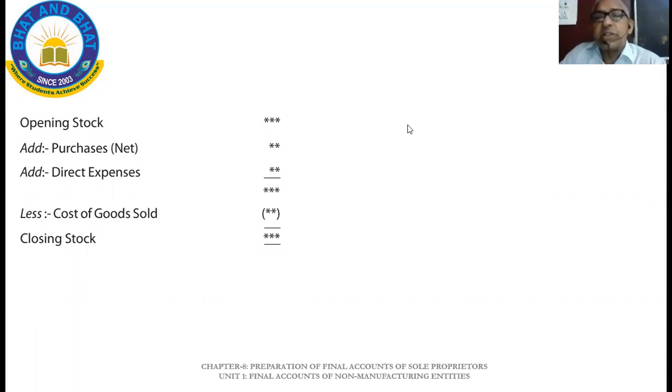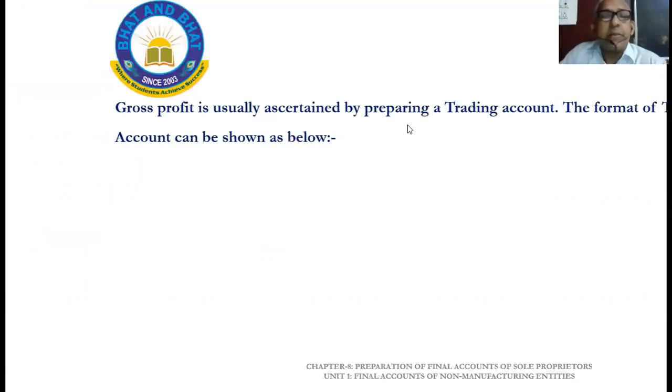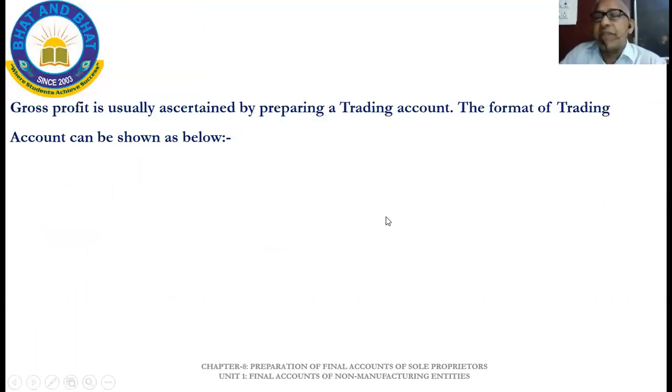From there, closing stock again will be subtracted. What is left out is gross profit. If there is a deficit, that means sales price is less than the cost of goods sold, that is known as gross loss. Okay, that is known as gross loss.